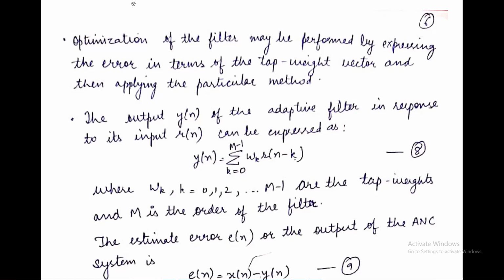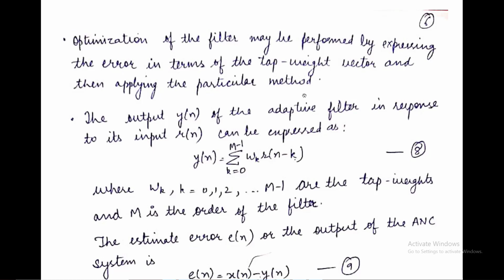So how can we obtain that optimization? Optimization of the filter may be performed by expressing the error in terms of the tap weight vector and then applying a particular method. It can be the least square method or any other we want, or a Wiener filter we can realize with this, whatever is available.